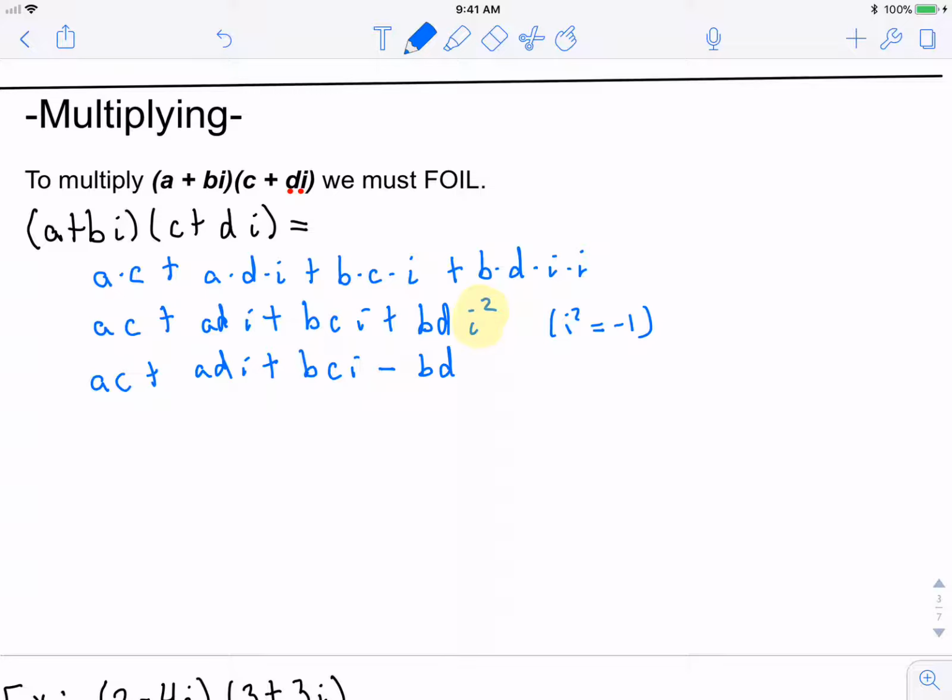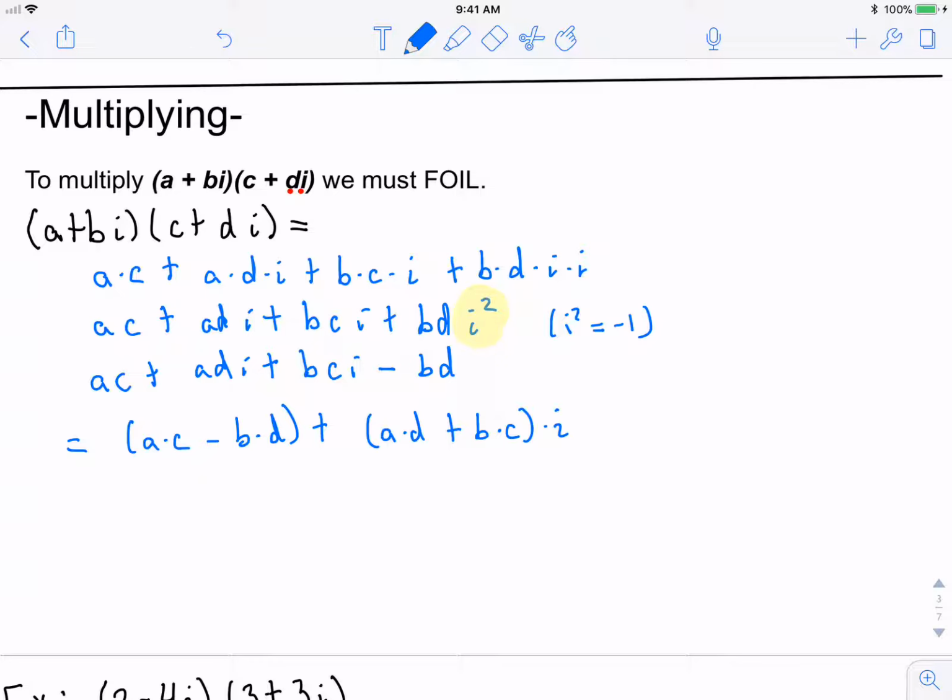And now we can group like terms. So this is equal to a times c minus b times d for our real part, plus a times d plus b times c times i for our imaginary part.